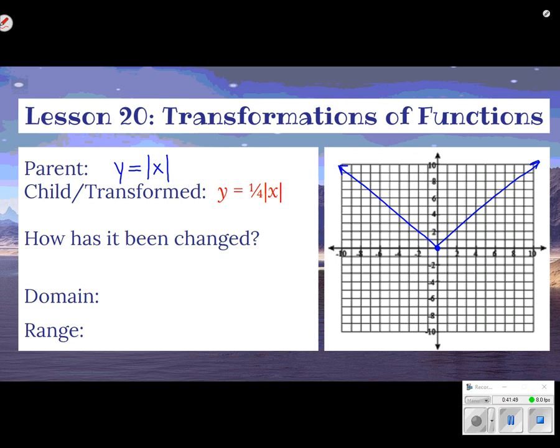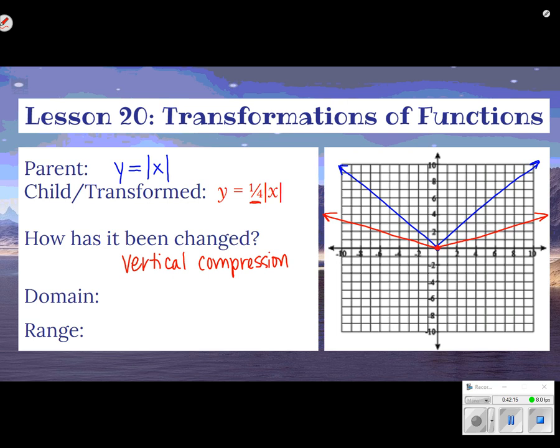I'm just doing a basic shape. 1/4 is a number between 0 and 1. So that means that this is a vertical compression. Sometimes you'll see the word squeeze go along with it too. All right, so that means I'm still at 0, 0. That part doesn't change. And now I'm opening wider.